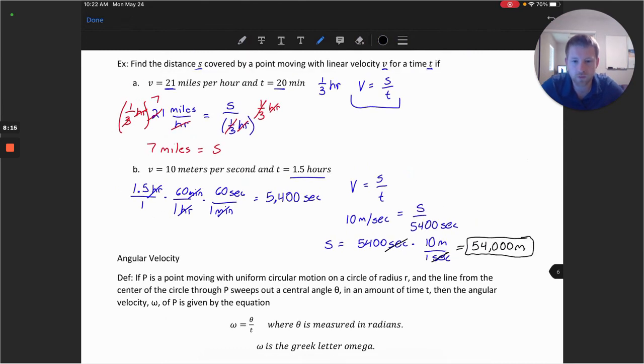So regardless of what time measurement you go into, you're still going to get the same distance, 54,000 meters. It's kind of a user's choice what you would like to convert to, either hours, minutes, or seconds, to get these two time measurements on the same plane.